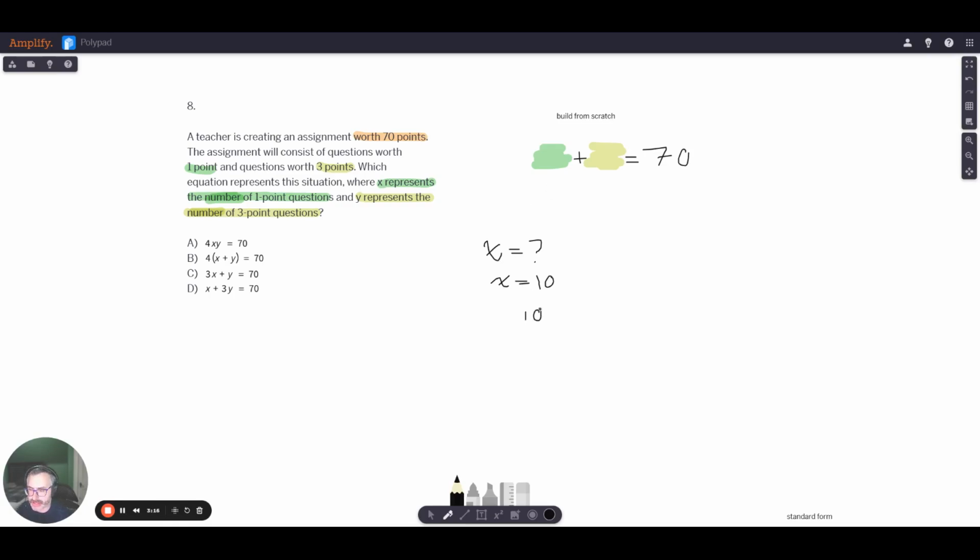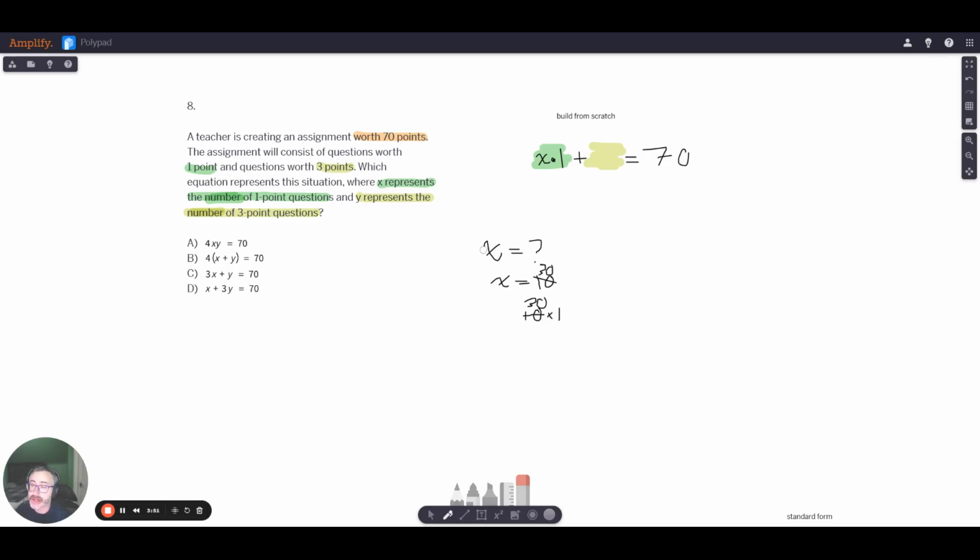That would be 10 times 1. But what if we had 30 1-point questions? Then that would be 30 ones, so 30 times 1. So our value of the 1-point questions is just however many 1-point questions there are times 1.